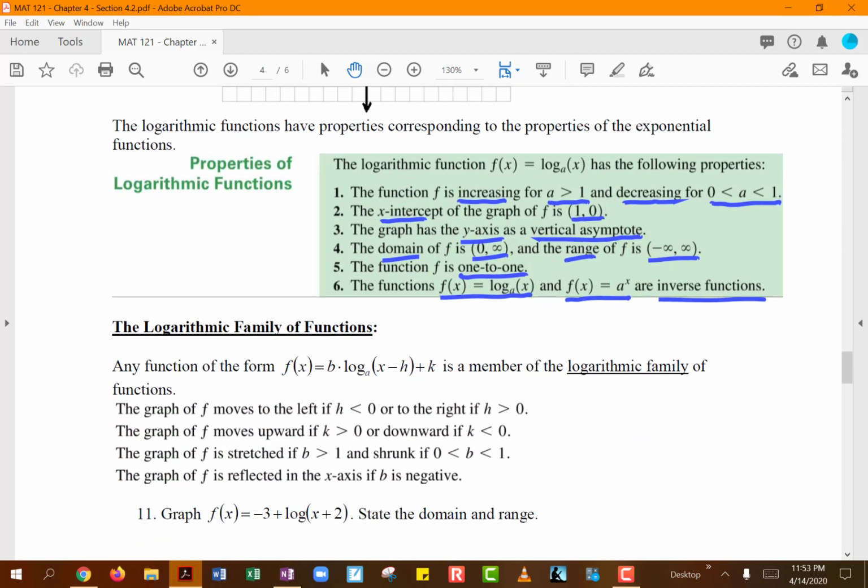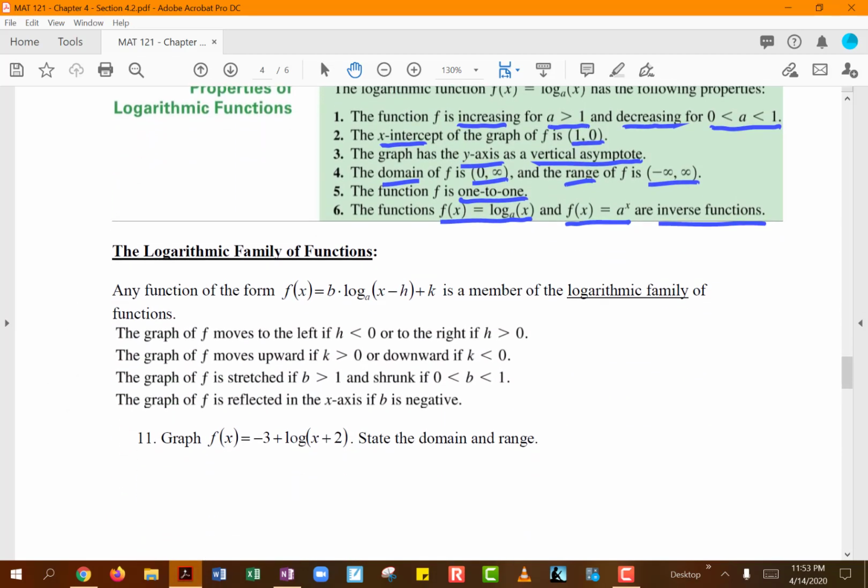So I do want to talk about what happens with transformation here. When you're looking at the logarithmic family of functions, this variable b tells you if your function is going to stretch or shrink. If the value of b is greater than 1, your function will stretch. If the value of b is between 0 and 1, your function will shrink. If you put a negative on the value of b, that means you're creating a reflection of your function in the x-axis.